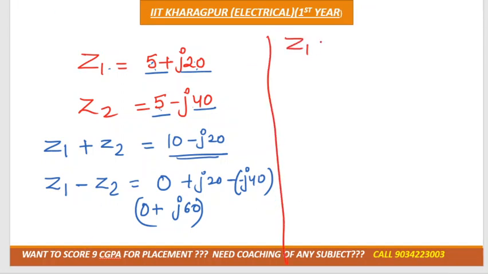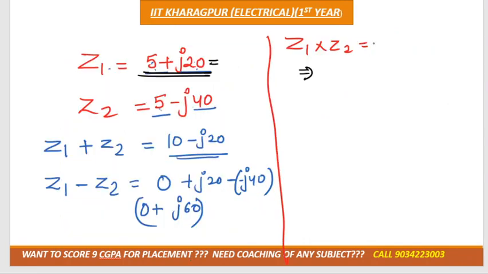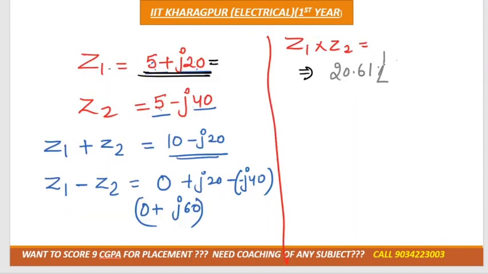Now suppose I say multiply z1 into z2. As you have already converted 5 plus j20 into the polar form, right? As I told you, in the polar form we can multiply and we can divide. So 5 plus j20 was 20.61, angle 75.96.